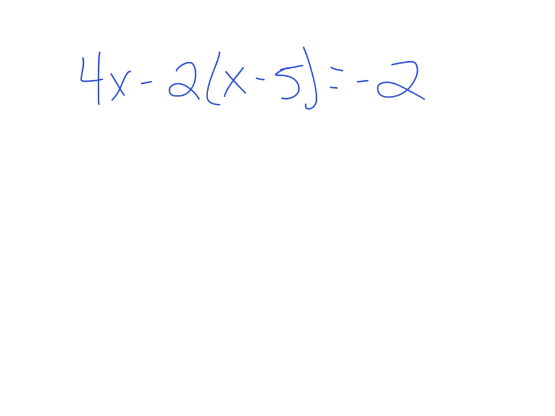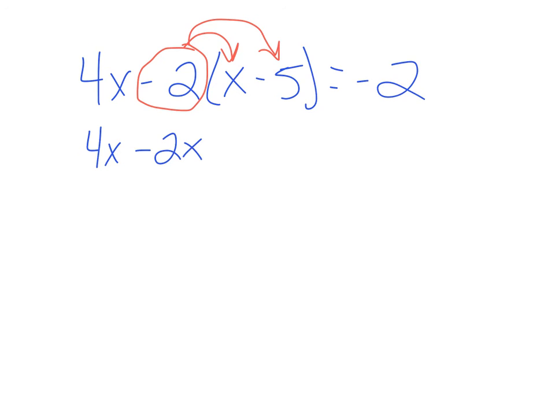I'm going to take this 2 that's in front of the parentheses, and it's going to get multiplied by the x and multiplied by the negative 5. But also notice in front of the 2 there is a negative, so it's really like I'm multiplying negative 2 times everything that's in parentheses. The other parts I'm going to leave the same for now, so I'm just going to bring down this 4x. Negative 2 times x will make this minus 2x. Negative 2 times negative 5 will make this a plus 10.